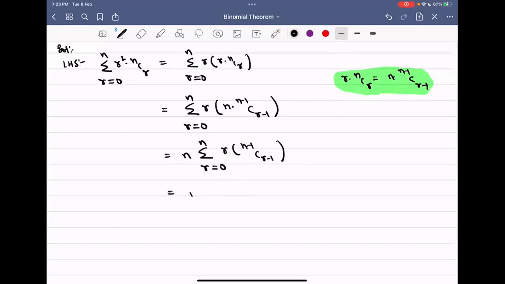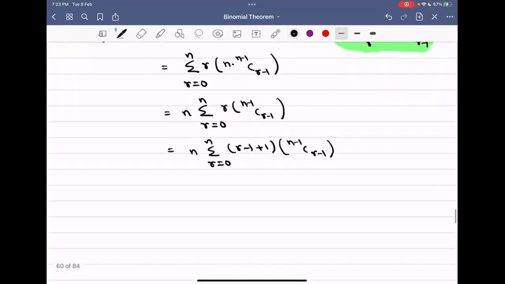So this is equal to n times sigma r equals 0 to n of r minus 1 plus 1 into n minus 1 C r minus 1. Now open the bracket. Then what you get?